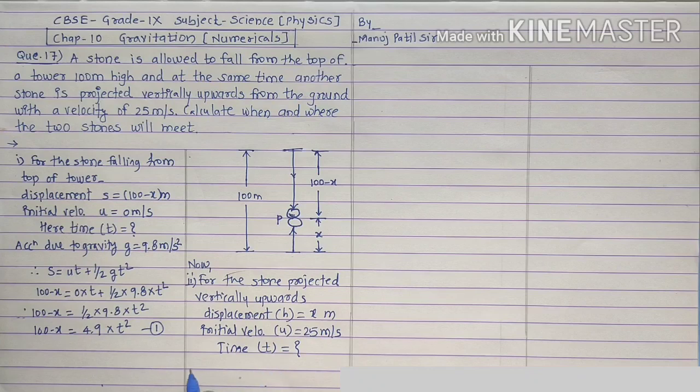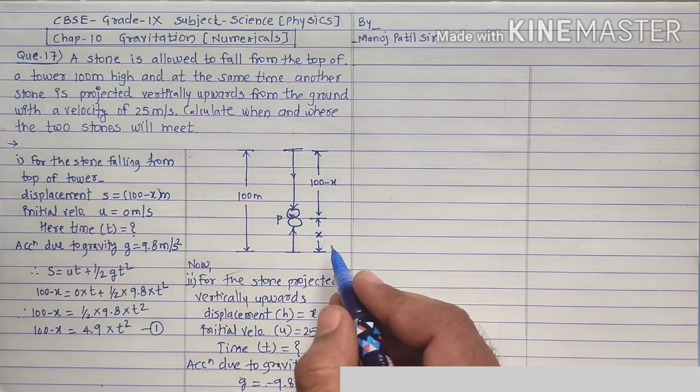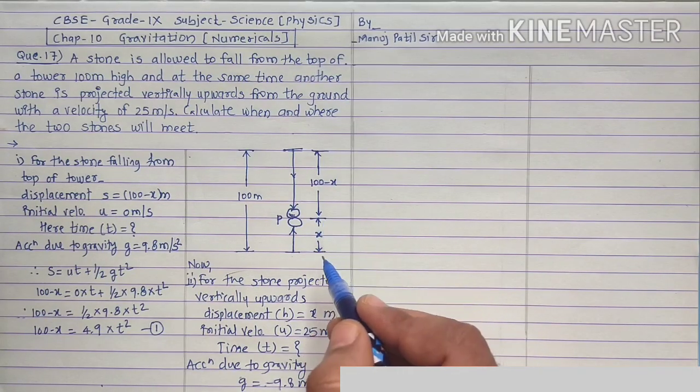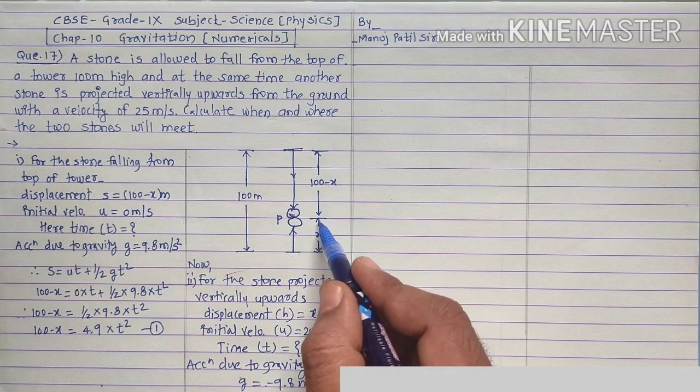Now again acceleration due to gravity is denoted by g as we discussed just now, but here it will be minus 9.8 meter per second square. Why is it minus? Because its velocity is going on decreasing. When the stone goes in the upward direction, its velocity goes on decreasing.